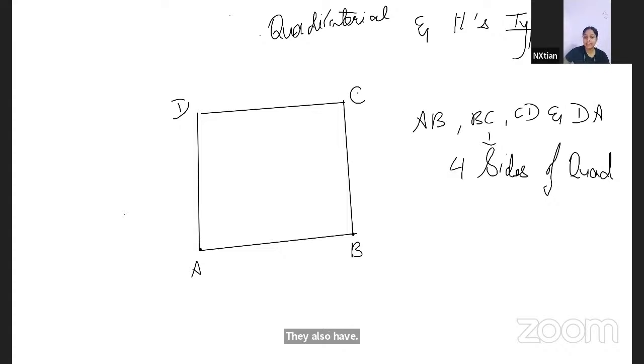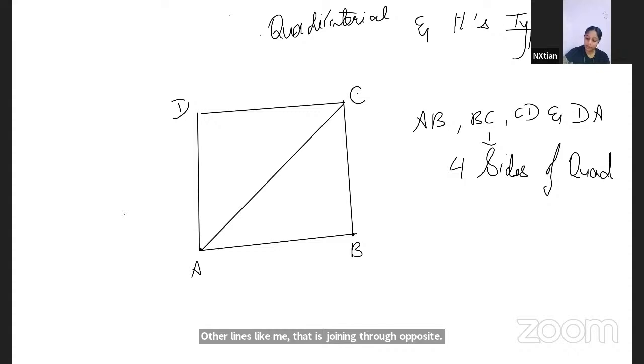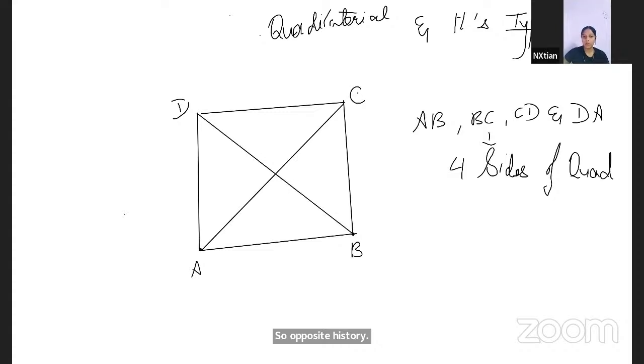Now again in a quadrilateral, we also have two diagonals. What is a diagonal? It is a line segment that is joining two opposite vertices in a quadrilateral, like this. These are called diagonals.